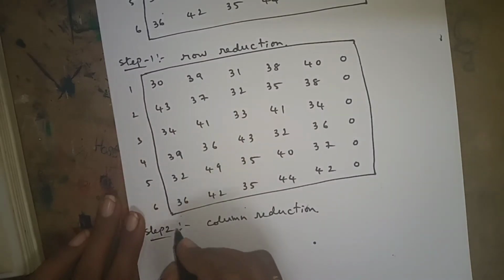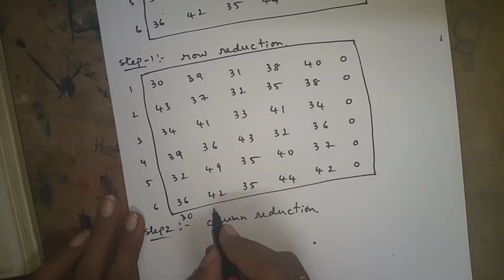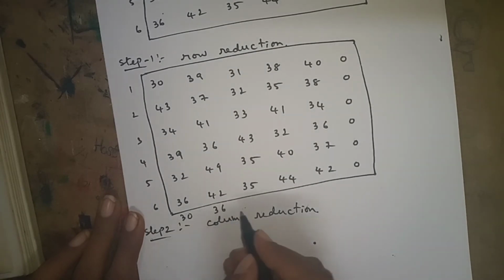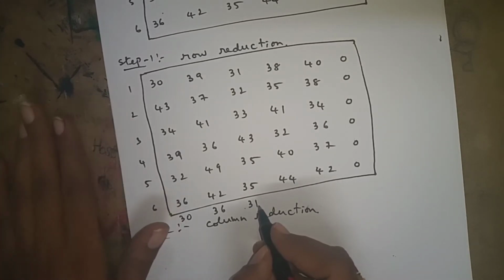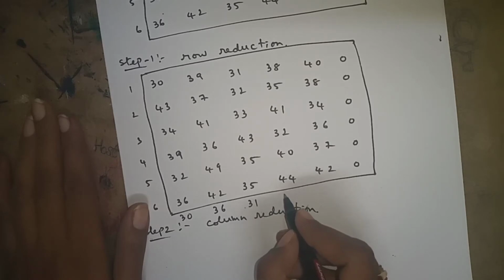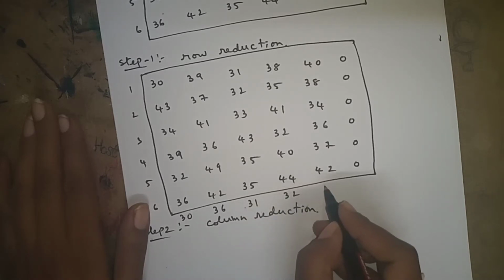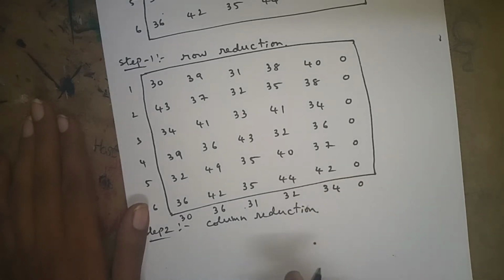The minimum value in the first column is 30. The minimum value from the second column is 36. The third column is 31. In the same way, the fourth column minimum value is 32, the fifth column minimum value is 34, and the last column minimum value is 0.